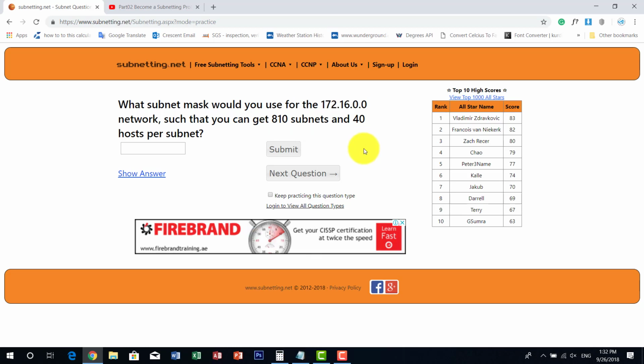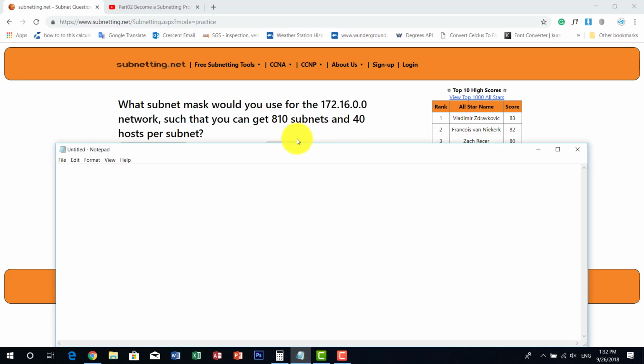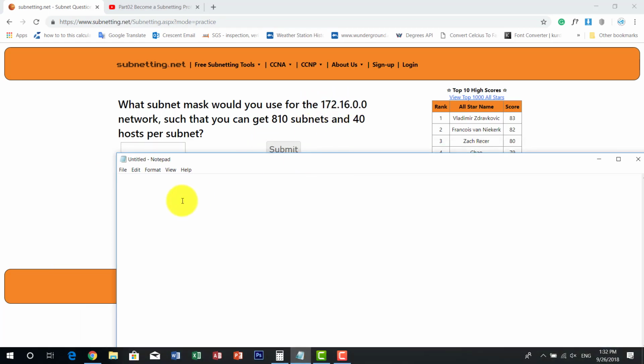So to find the subnet mask from the total number of subnets, the first step is to identify which class your IP address belongs to. For example, I have 172.16.0.0. I have to know which class it belongs to.